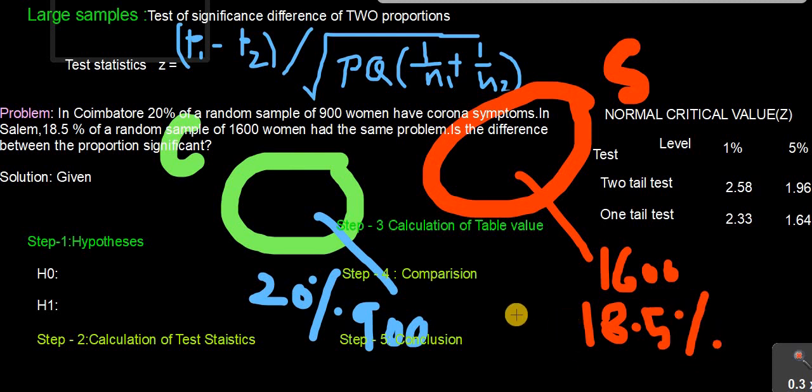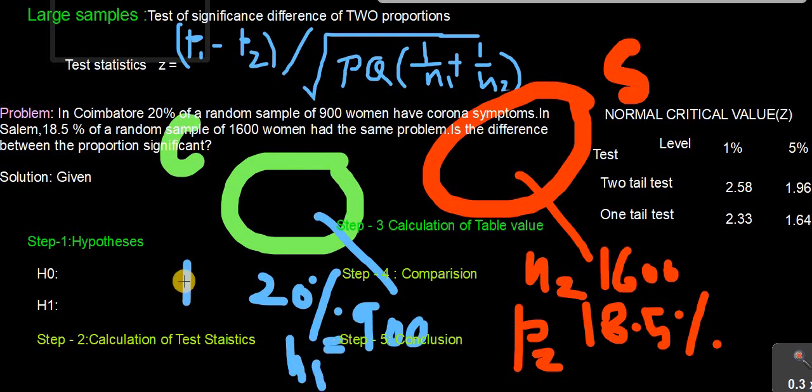So what is given to us? P2 is given as 18.5% and N2 is the size of the second sample. N1 is given to us, equal to 900, and P1, the proportion of the sample, is 20%.